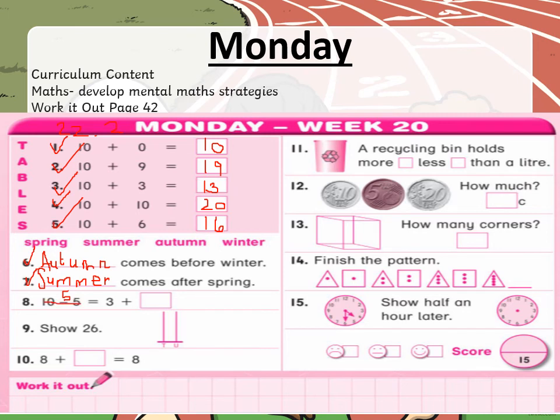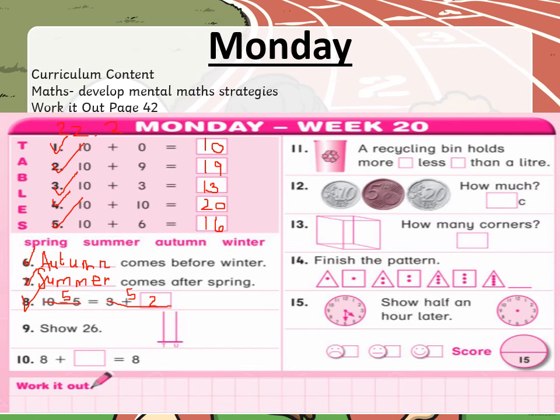Now, 5 equals 3 plus what? So what do you add to 3 to make it 5? Put up 3 fingers. And how many more to make 5? 2. 3 plus 2 equals 5. So now both sides equal 5.